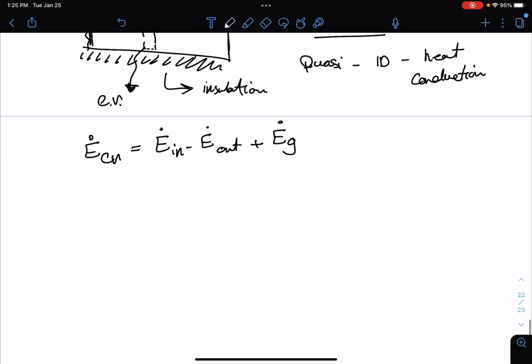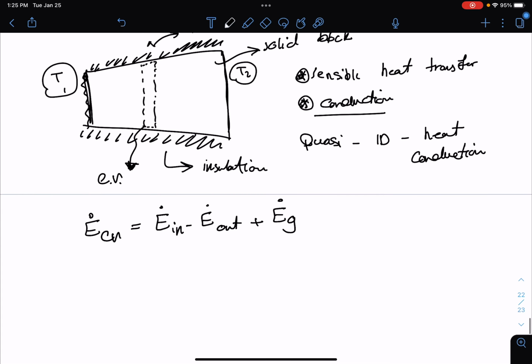Okay, so we have the energy balance. The first thing you want to do is to come to the boundaries of this problem, which has 4 boundaries: 1, 2, 3, 4. There is no heat coming in or going out from the insulated surfaces, right? That's the definition of insulation. So we are only going to have some heat in and heat out from here.